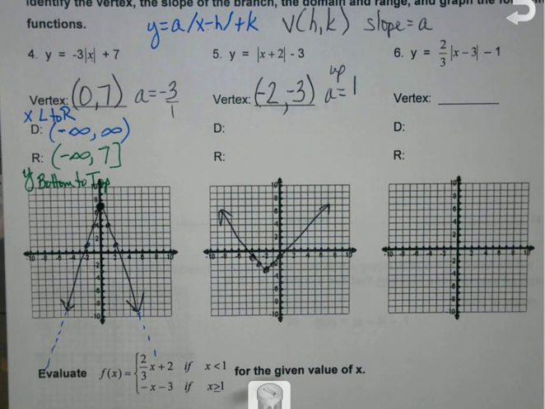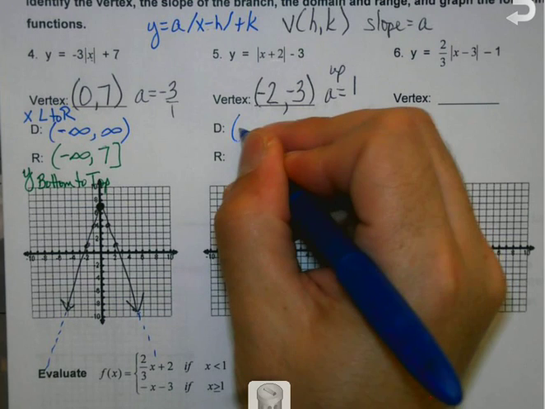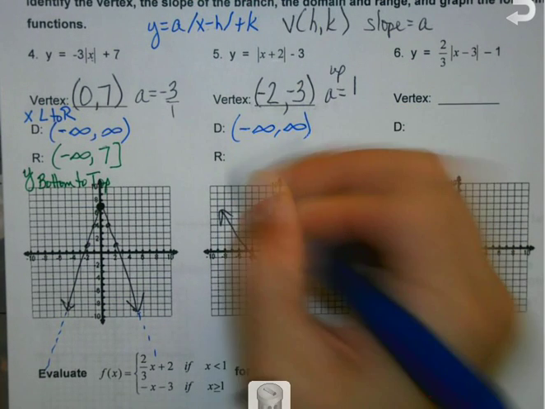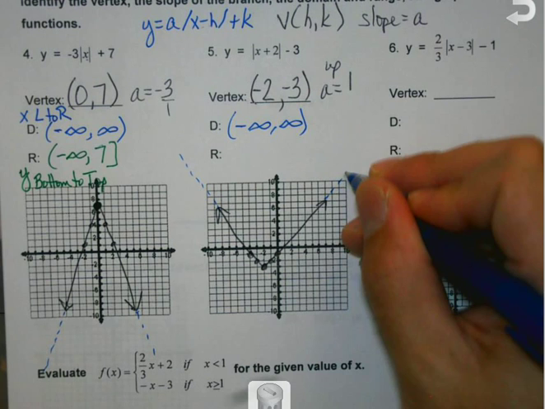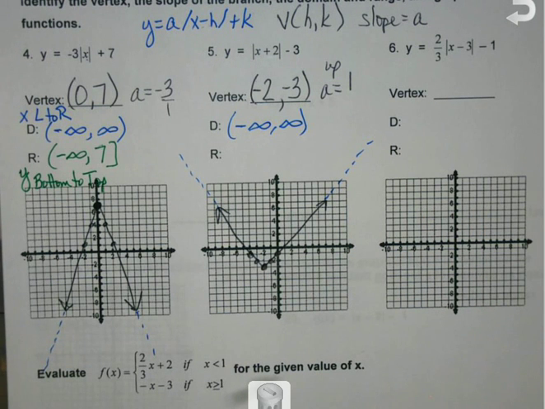So let's see. I'm staring at this. I'm going to domain. My x is from left to right. What's my domain going to be on this one? Negative infinity to infinity. Because again, this arrow is going to keep going out to the left. This arrow is going to keep going out to the right. Now range. Okay, this time I got to be a little more careful.